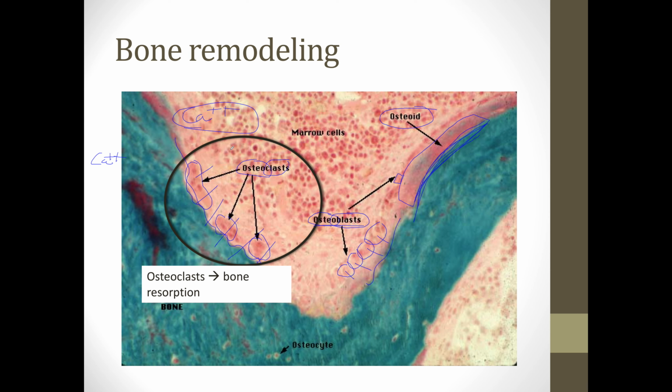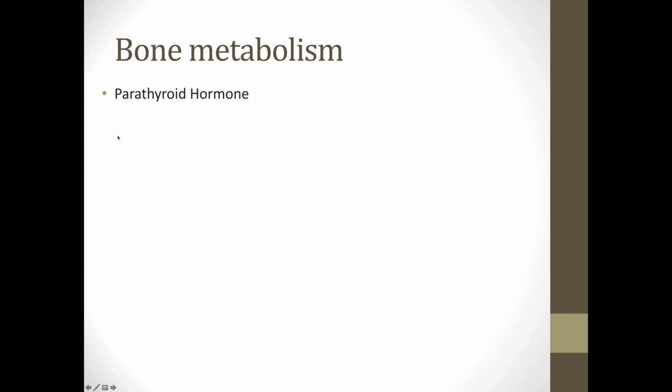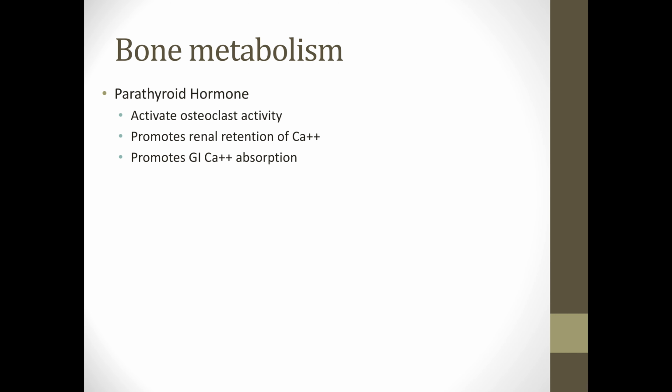And then osteoclasts are also stimulated by parathyroid hormone, which is released when blood levels of calcium are low. Okay, so getting into the things that are most influential in bone remodeling, first off is parathyroid hormone. Parathyroid hormone is made by the parathyroid glands, which are embedded within the thyroid on the back.